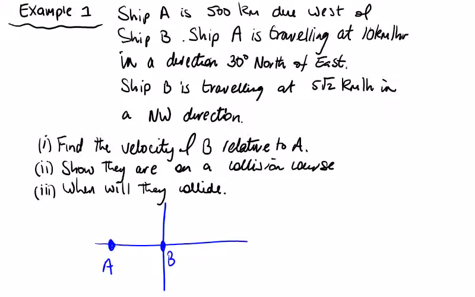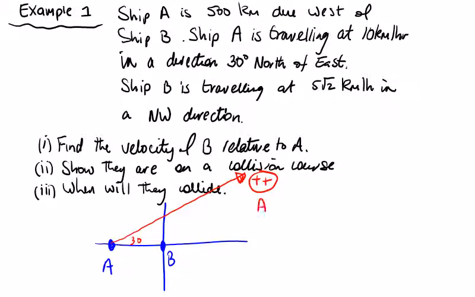Ship A is traveling 30 degrees north of east. So ship A is traveling along this line here, 30 degrees in this direction. So that's positive, positive. Remember our vectors chapter.